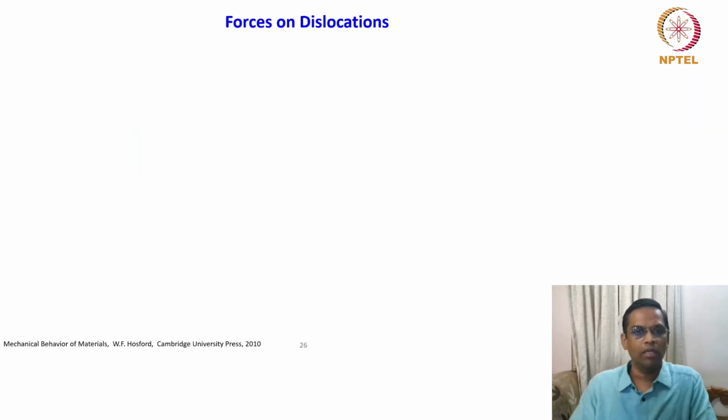So now we look at the forces. What are the forces on dislocations? When I say forces, there could be several possibilities. Either it is an applied load or the stresses stored in the crystal itself, and these stresses will have an influence on the dislocations.